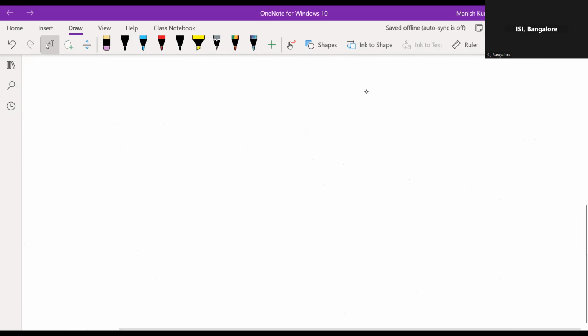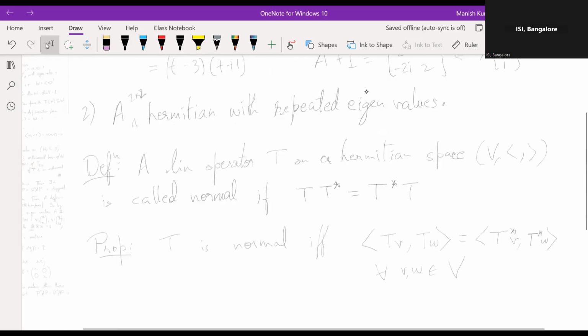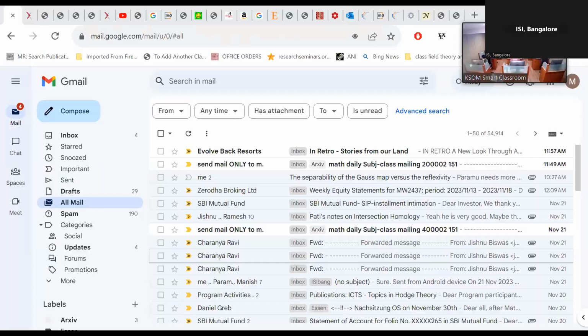Maybe it's not visible. Let me restart this OneNote. Yeah, it's acting up.